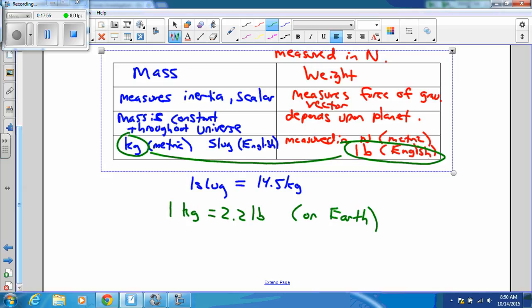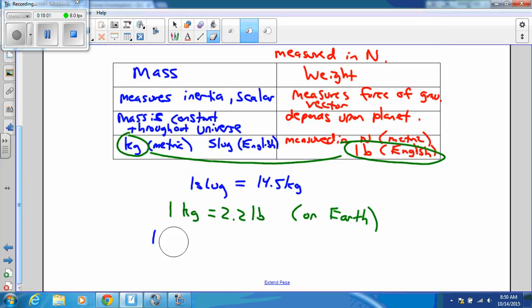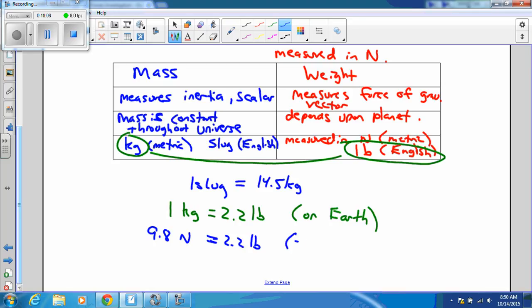Here's a better statement, but I haven't convinced anybody to start doing it yet. And that is that 10 newtons, really it's 9.8 newtons, equals 2.2 pounds. That's true everywhere, because now I'm comparing apples to apples, force to force.